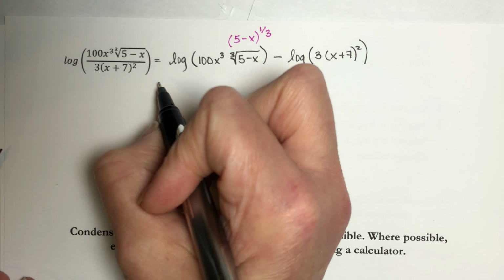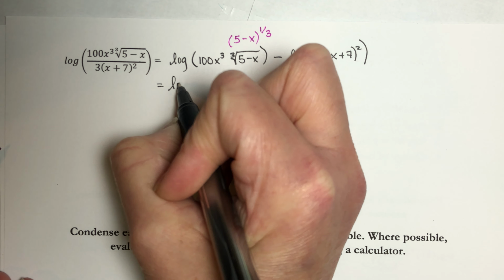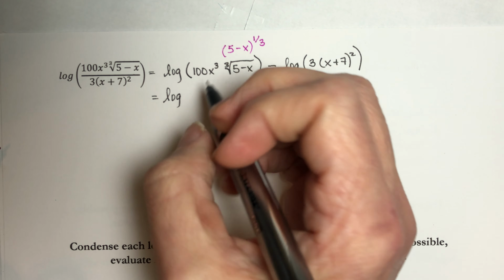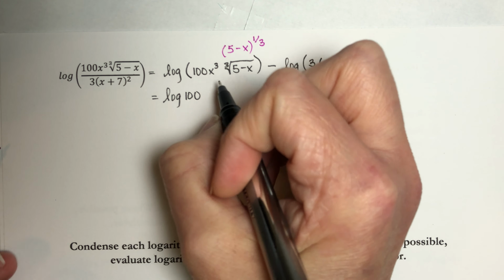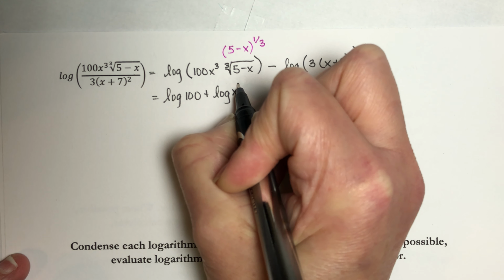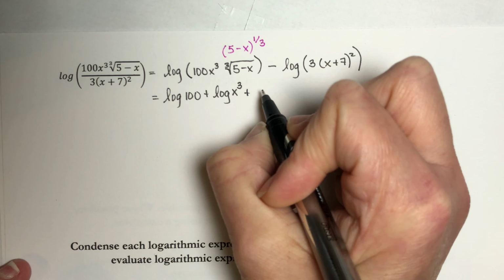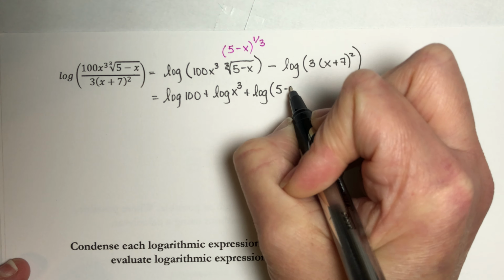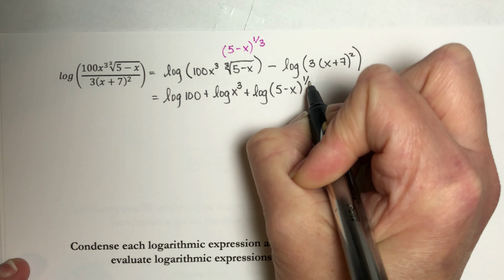Okay, so what do I have? These are all added, so I have log of 100 plus log of x cubed plus log of 5 minus x to the 1/3 power.